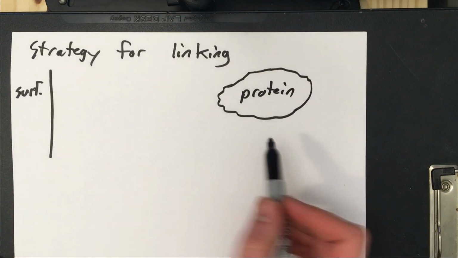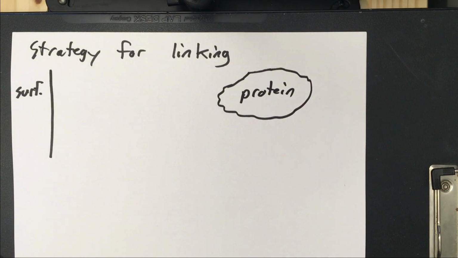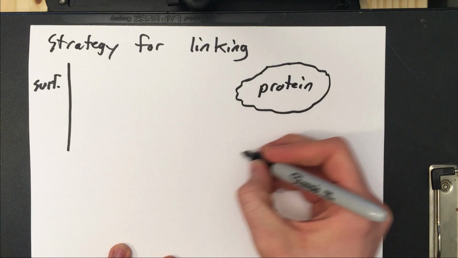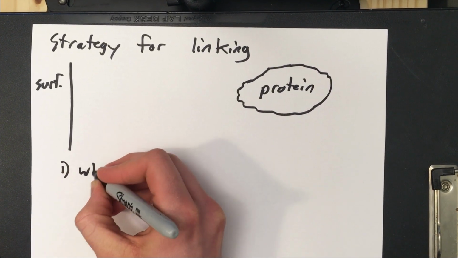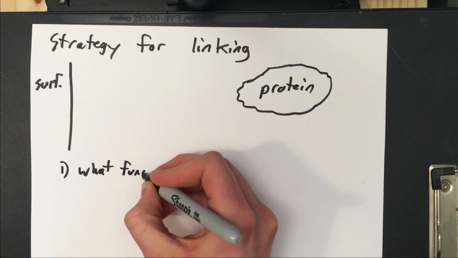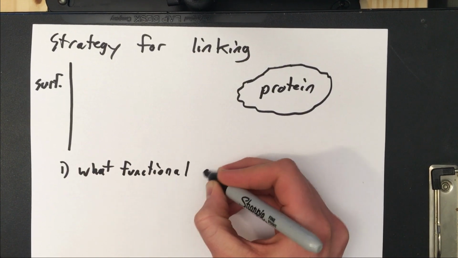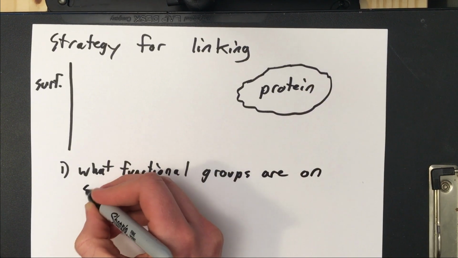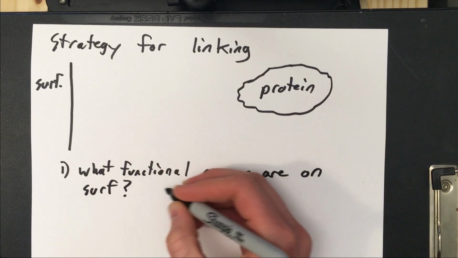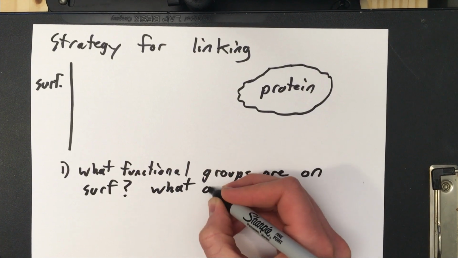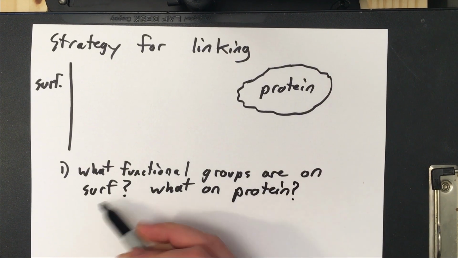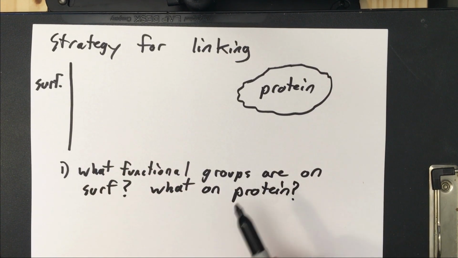So the first thing that we need to consider is what functional groups are on the surface, what functional groups are on the protein.